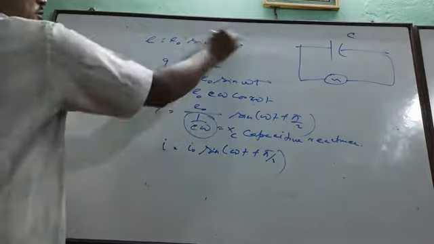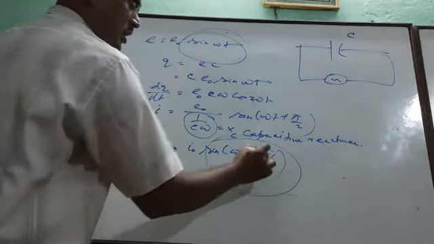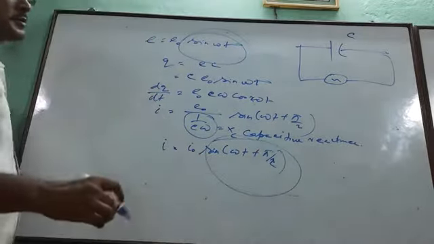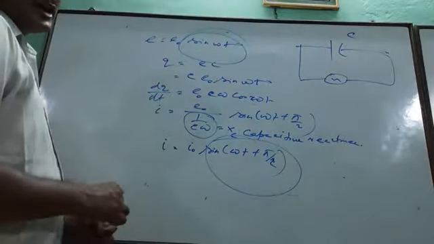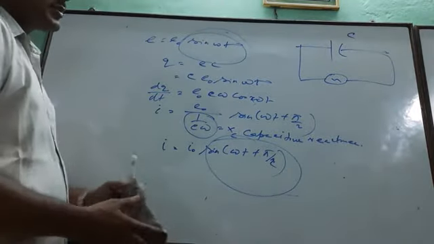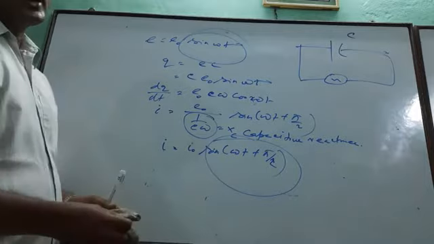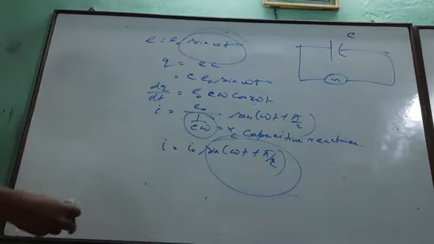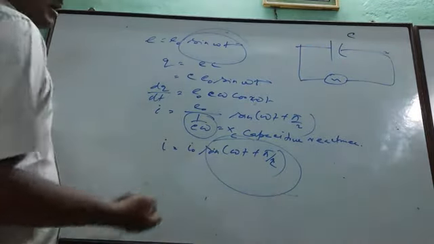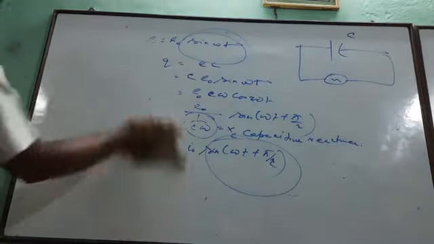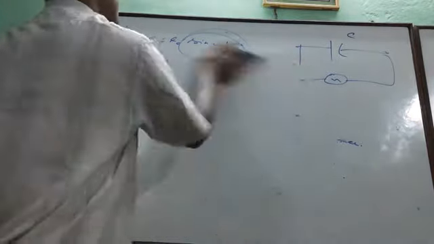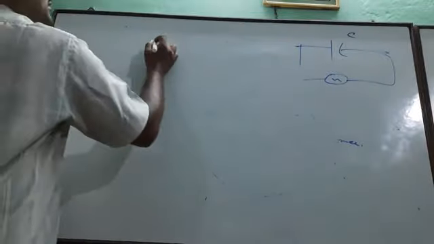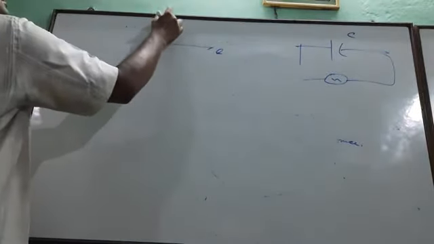Then here I equals I0 sin of omega t plus pi by 2. So you see, the supplied EMF is sin omega t, and here it is sin of omega t plus pi by 2. So the plus pi by 2 phase means the current leads with respect to the EMF. The leading value is pi by 2. So what will be the phasor diagram? This is E, then I is this.